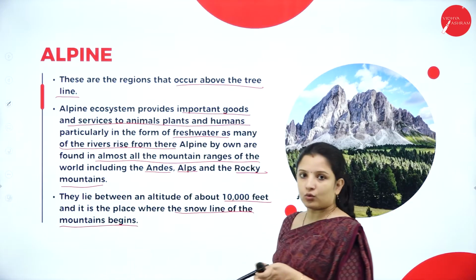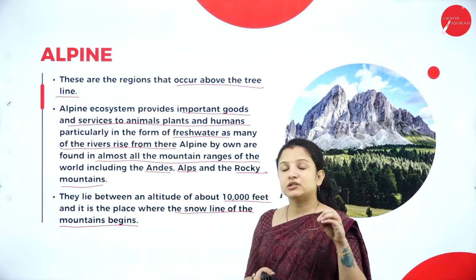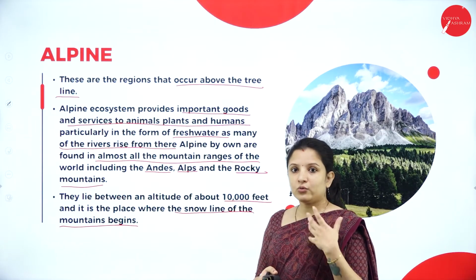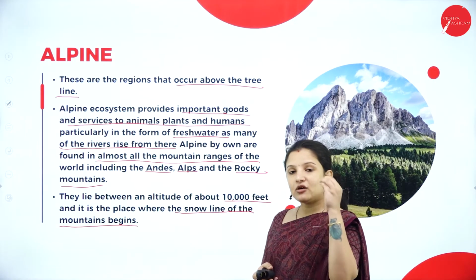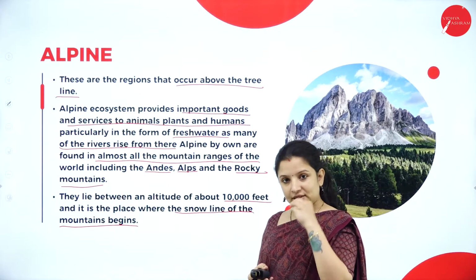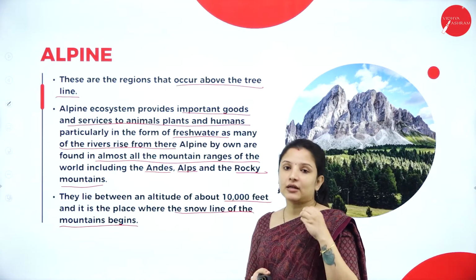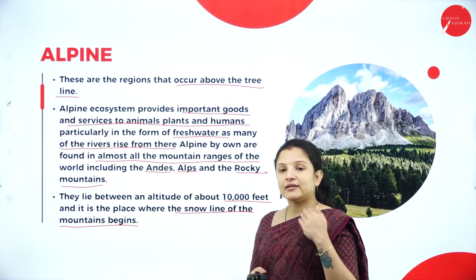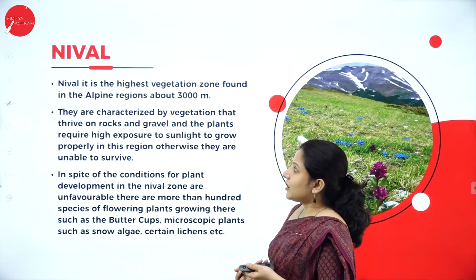That is, the snow region of the mountain usually starts from the alpine region, because it is not completely covered by snow. Vegetation is quite good, with a lot of pine trees growing there, and because it is the region where the snow actually starts, it is also a place for the formation of a number of rivers which flow towards the lowland, and therefore they run as rivers in the lowland. So this is about the alpine region.